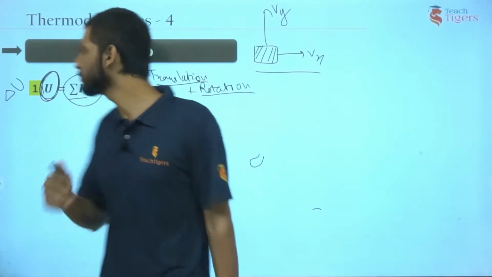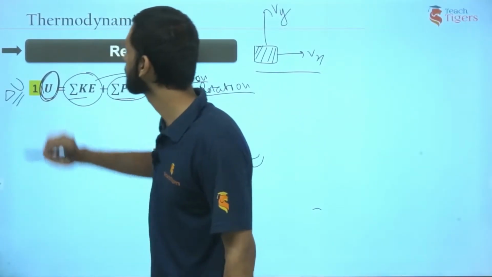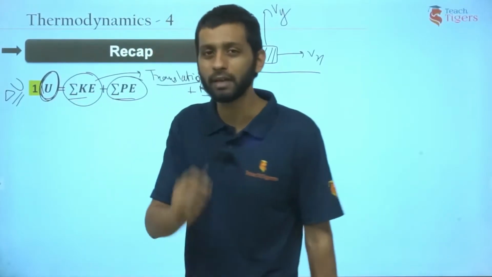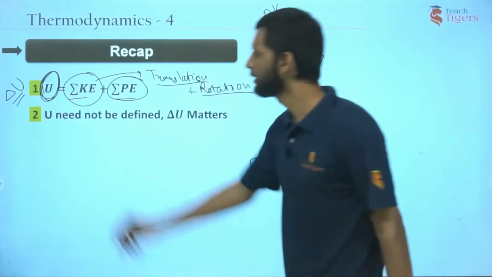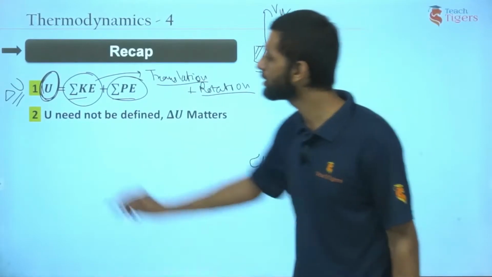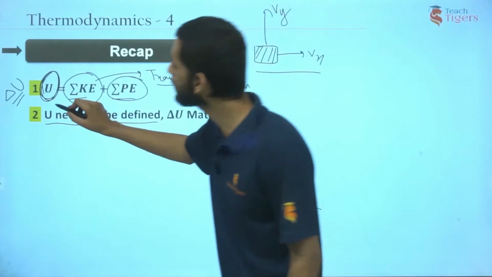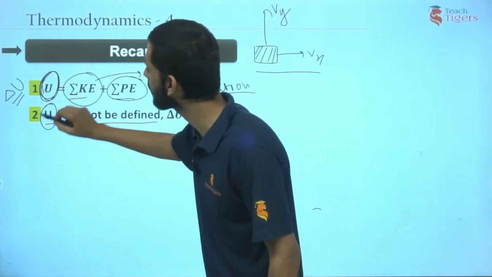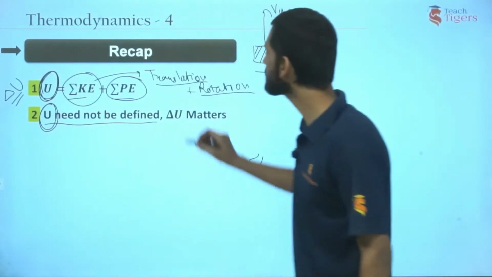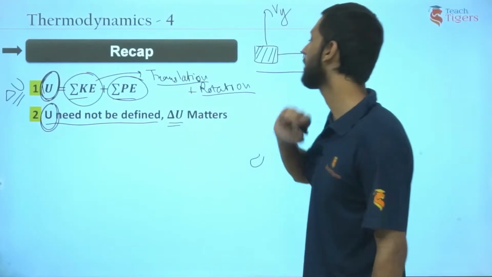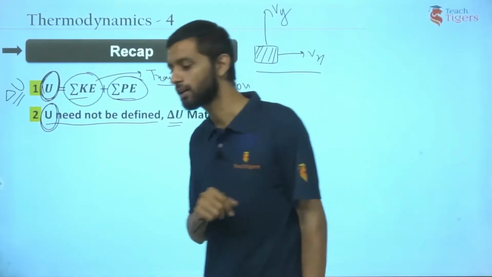So our job is to focus on delta U and not on the absolute value of internal energy, which is written in the second point. U need not be defined. What matters is delta U. Change in potential energy matters.